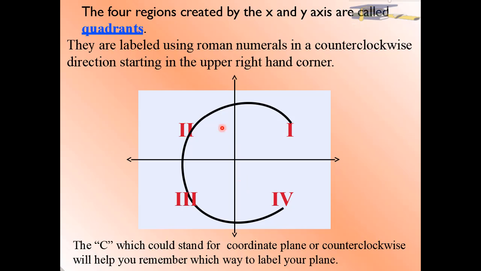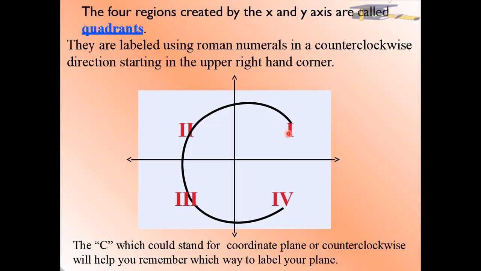Okay, now we see that our plane, which is the coordinate plane, is divided into how many quarters? 1, 2, 3, 4. And we go counterclockwise. You know that the hands of the clock go from left to right, but we call that clockwise.